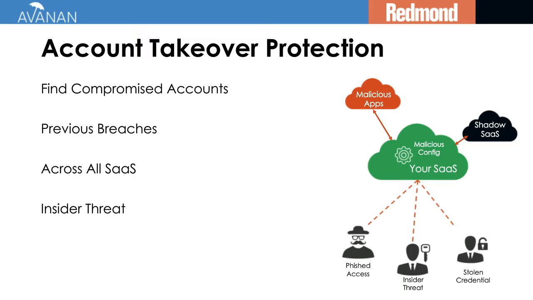Because we have visibility, not only in real time to every user, every event, every file, but also historically, we can look back in time or identify in real time compromised accounts or previous breaches and monitor user activity not just in one SaaS, but across all SaaS. That gives a visibility for an insider threat that wouldn't be possible from the viewpoint of an individual SaaS provider.